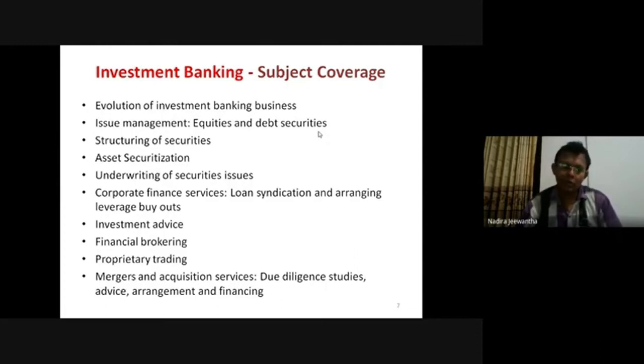Associate means we hold 20%, it becomes an associate. If you hold more than 50%, it becomes a subsidiary company. But without having 51%, if you can maintain controlling power on the board, basically by appointing more directors on the board, then that particular company is a subsidiary of yours.